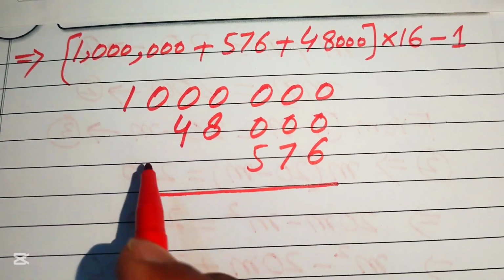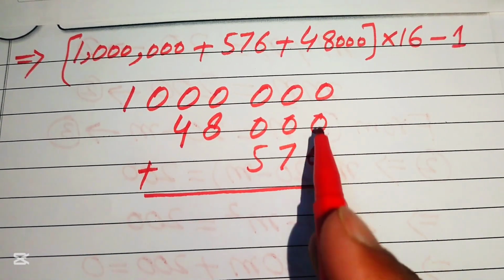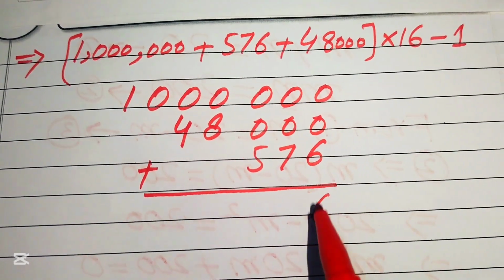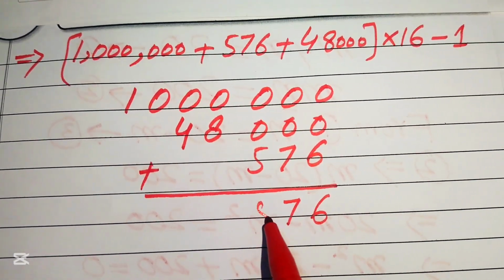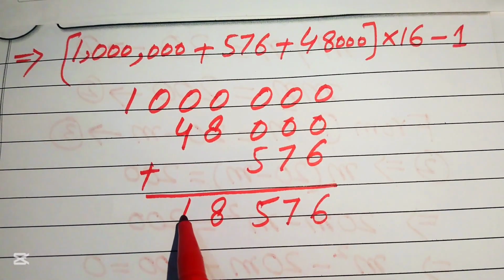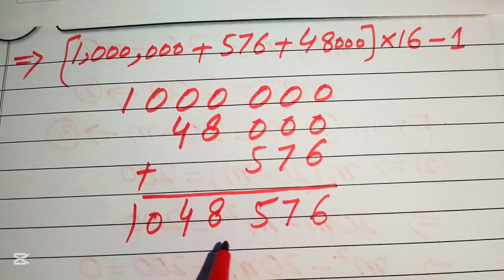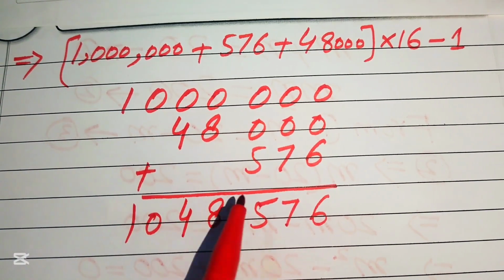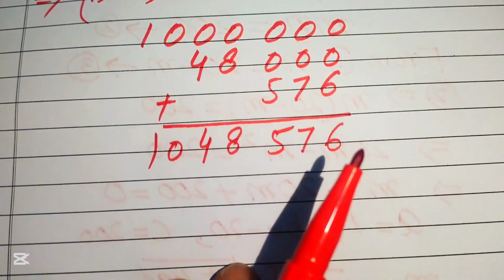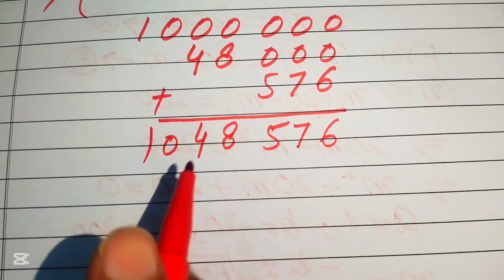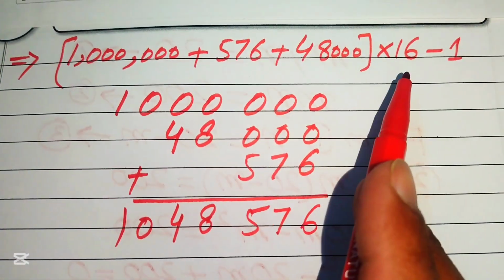Further we add these values, and when you sum up, it is 6, this will be 7, this will be 5, this is 8, 4, 0 and 1. Okay, so this is the simple addition which we make here. And now in the next step we need to multiply this term by 16.